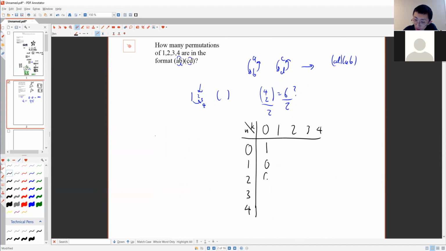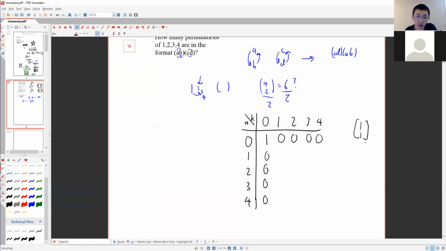And these are all just zeros, because if there are 0 people and k cycles, that's not possible. So let's see, what would C(1, 1) be? I don't know how to pronounce this out loud, the Stirling number of the first kind 1, 1, or the other notation, C of 1, 1. Let's just use C of 1, 1. This is just 1, because there's one person and there's always one cycle.